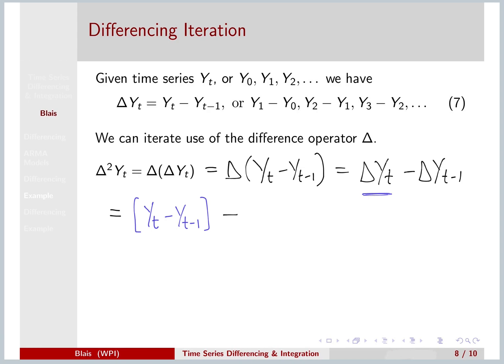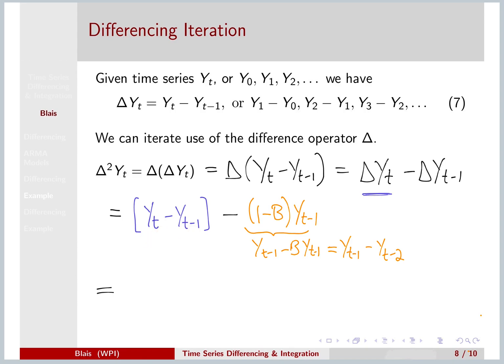And our second term, we simply apply our difference operator to y_{t-1}, which, recall, the difference operator is 1 minus the backwards operator, or y_{t-1} minus B y_{t-1}, which is y_{t-1} minus, and the backward operator backs up y_{t-1} to y_{t-2}.